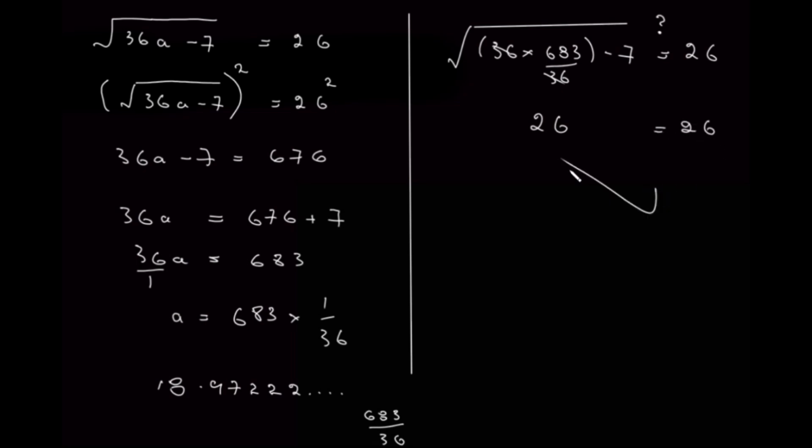So the method works. I've got it right. Whee! Okay, so square the left to get rid of the root, square the right because you've already squared the left, and do your calculations. The principle is quite straightforward. Sometimes actually doing it can be a bit of a challenge. It all depends on the numbers you get.